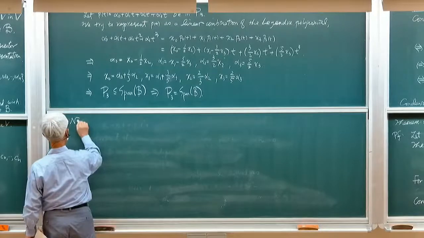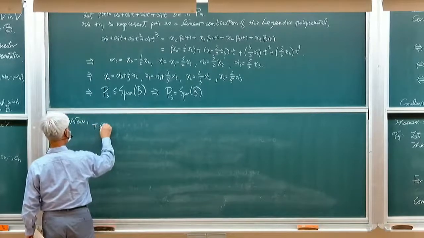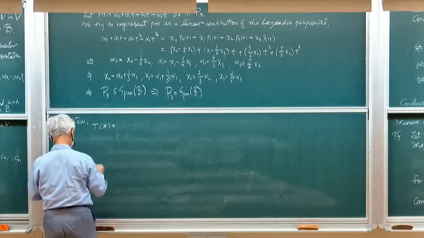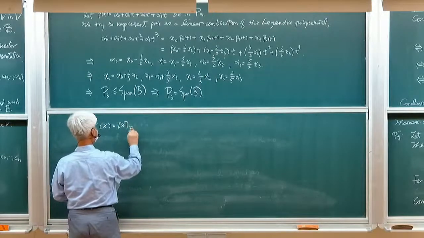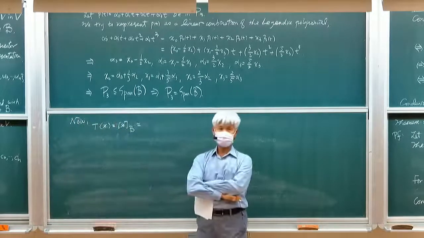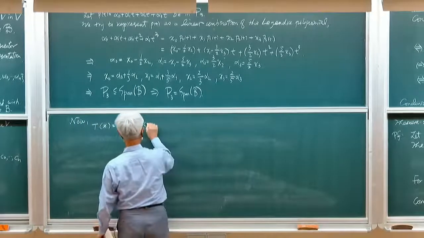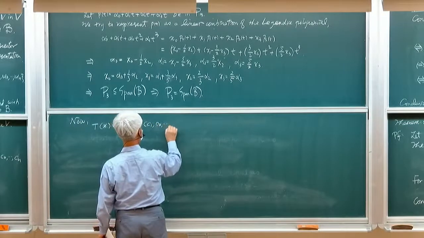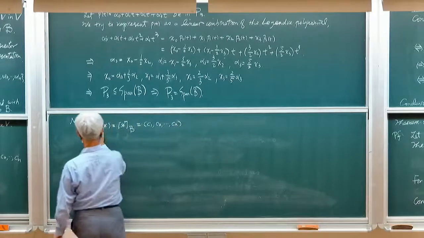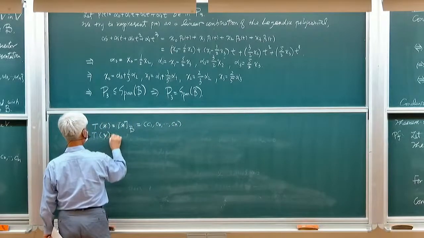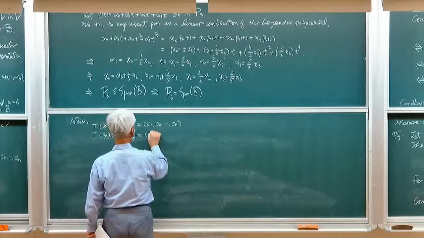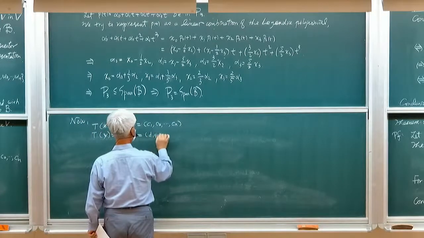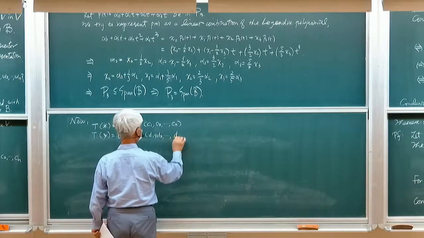So now T of x is equal to this coordinate vector, which is c1, c2 up to cn. T of y is d1, d2, dn.